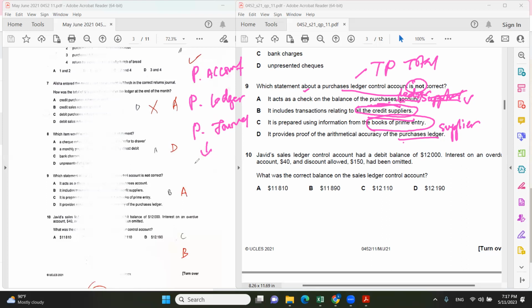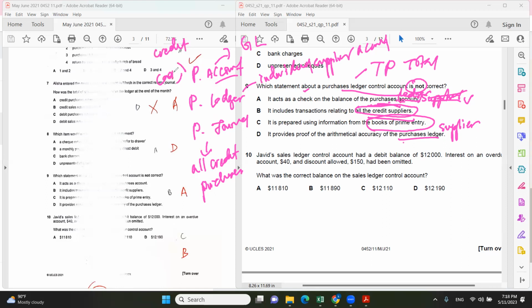Purchaser's journal is to record the list of all the credit purchases. Whereas the purchaser's ledger is to record individual supplier accounts. This one, the purchases account, is under the general ledger, which records credit purchases and also cash purchases. So these are the differences.